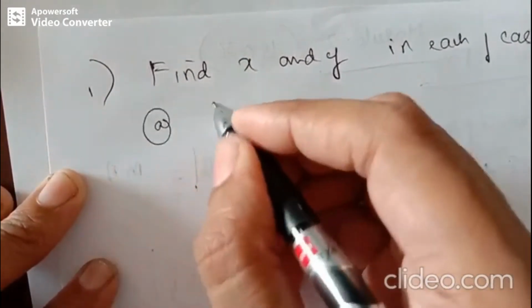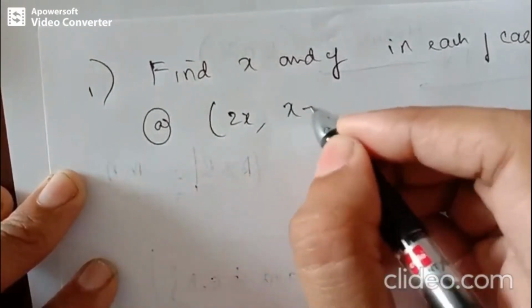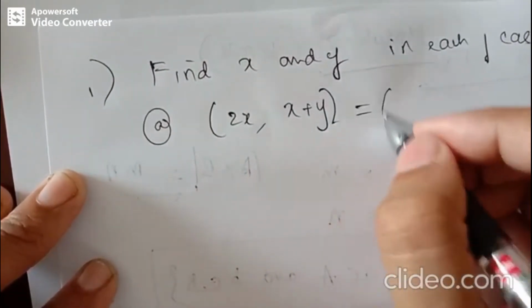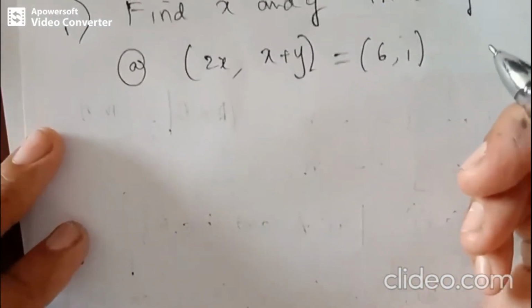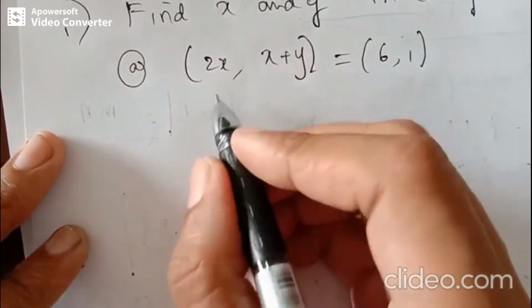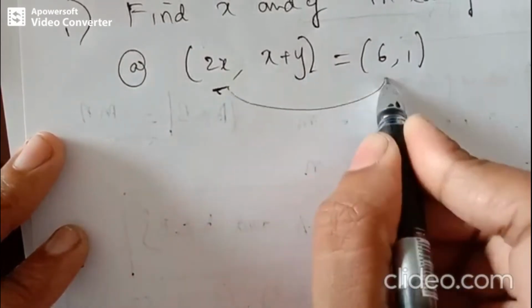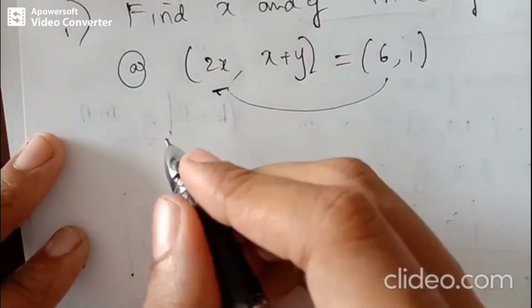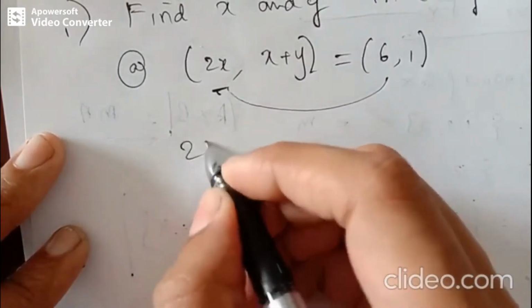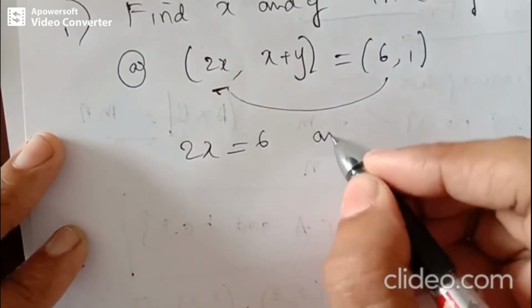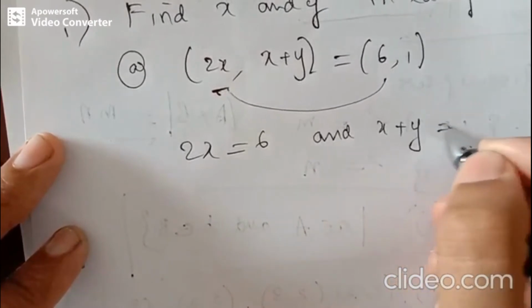In the first case, the ordered pair 2x comma x plus y is given, which is 6 comma 1. So how can we find the value of x and y? Obviously, from the first pair, this happens only if 2x is equal to 6 and x plus y equals 1.